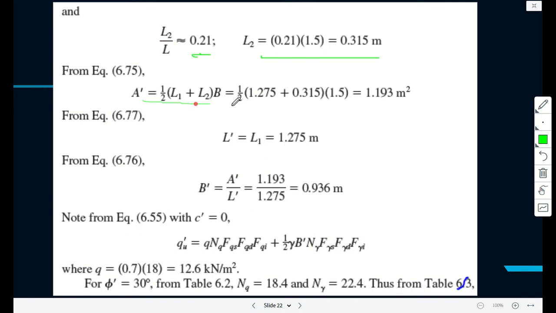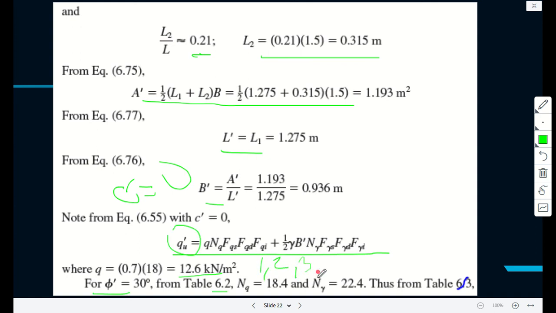And then you follow the formulas to get the area, L1, B1, and then you apply the formula, and the C is 0. So from this you get your Q as 12.6, and then from the tables we already have. In this book the tables are 6.5, but in our case they are table 1, 2, 3, and table 5.